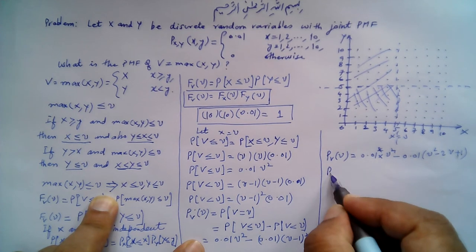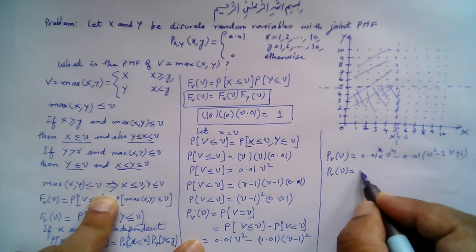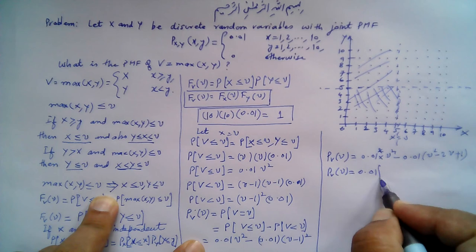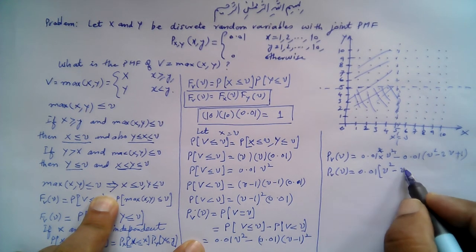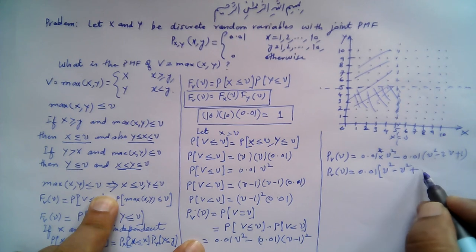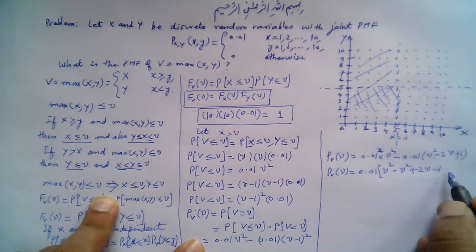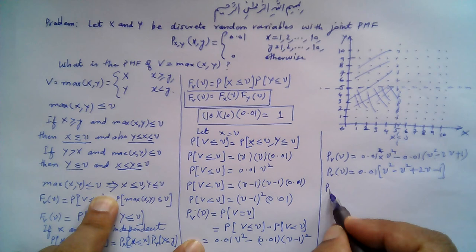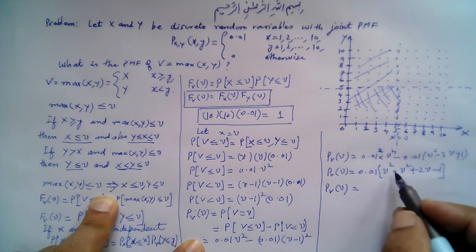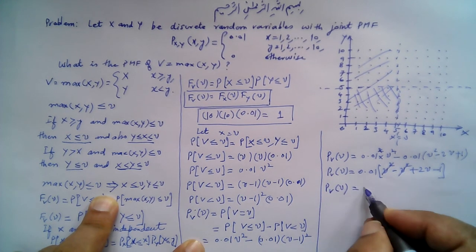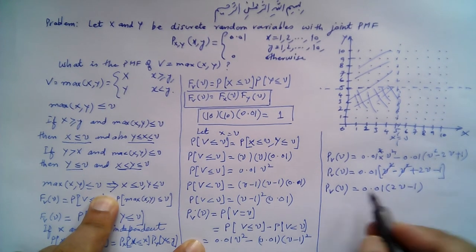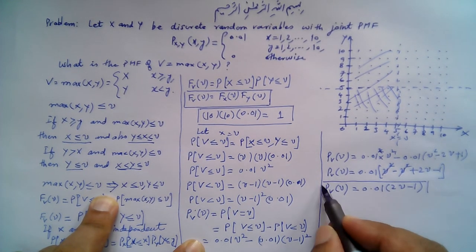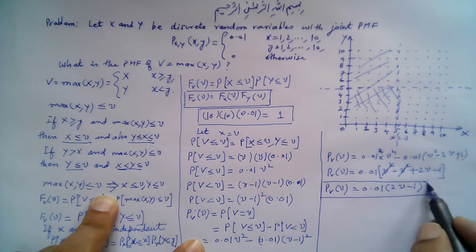So P_V(v) is equal to 0.01, let's take it common. So we are left with v square minus v square plus 2v minus 1. So this cancels out and we're left with 0.01 into (2v minus 1). So this is the probability model of the derived random variable V.